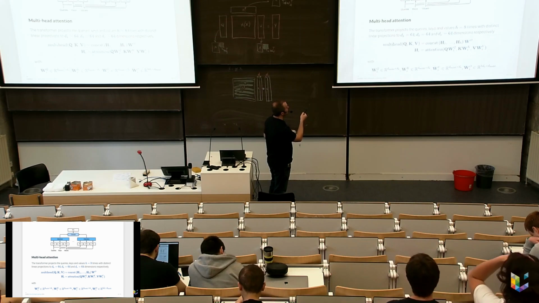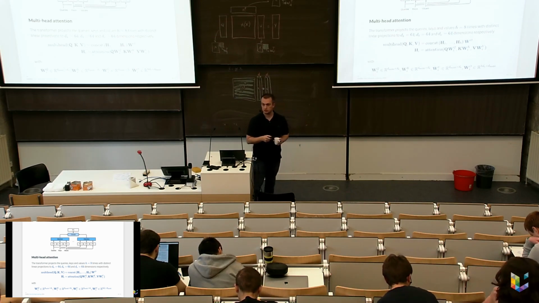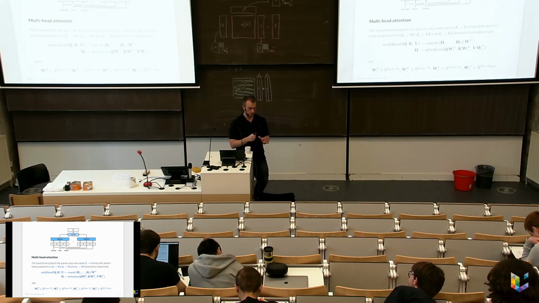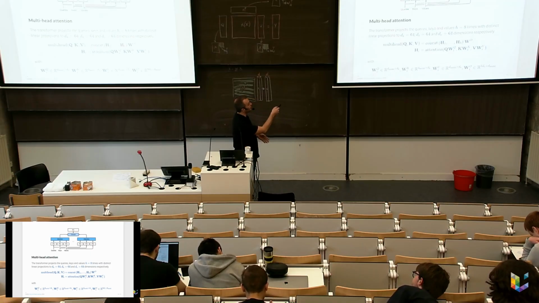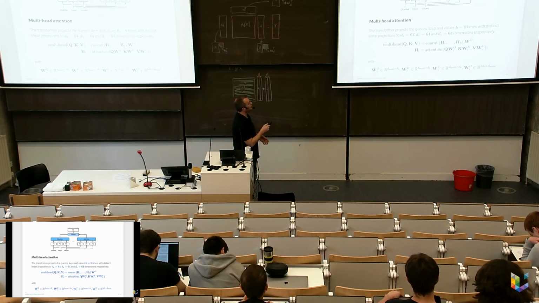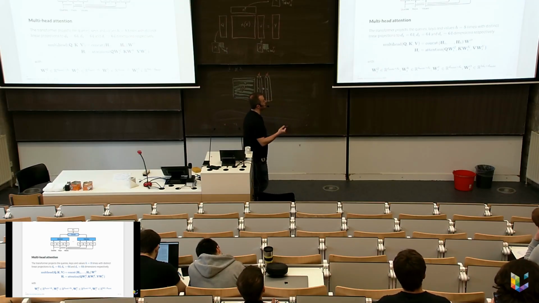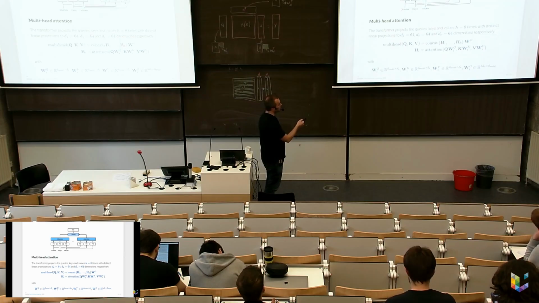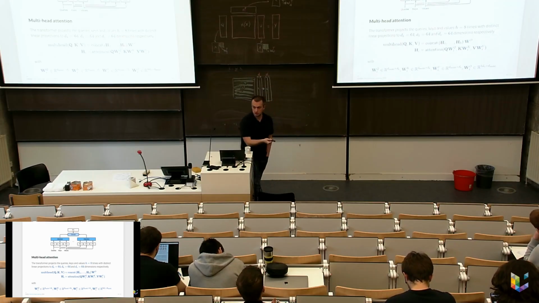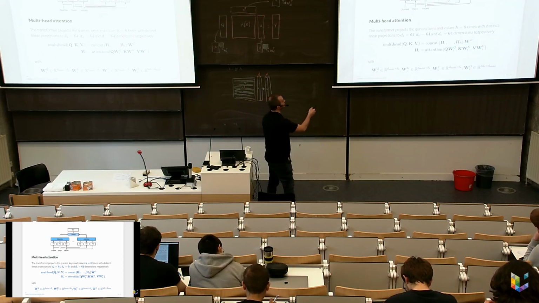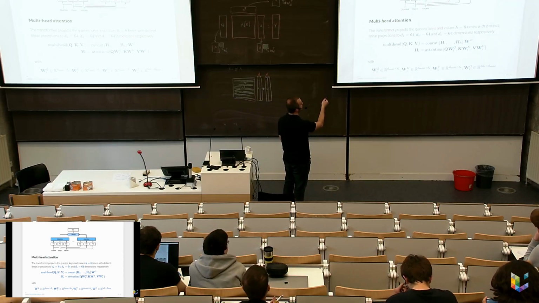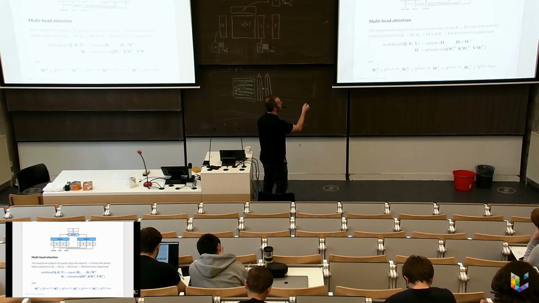You start from the same queries, keys, and values, and you direct them to a first attention layer. But instead of using the raw queries, keys, and values, you project them with learnable parameters, and then you use the projections as input to the self-attention layers. So you have a first projection through fully connected layers of the queries, the keys, and the values, and then you pass the projected queries, keys, and values to a self-attention layer.